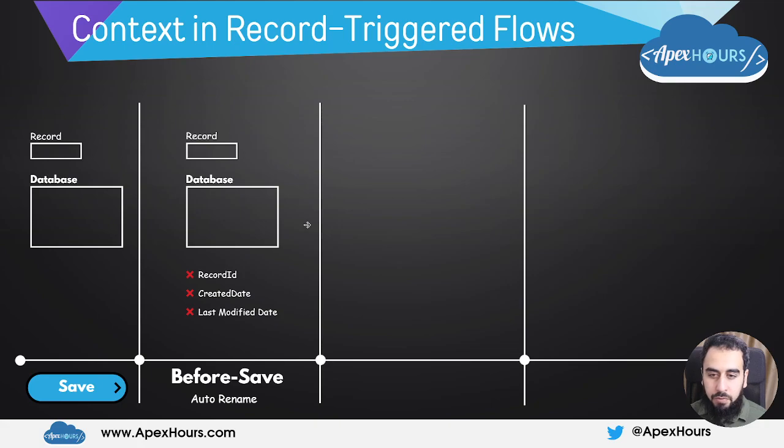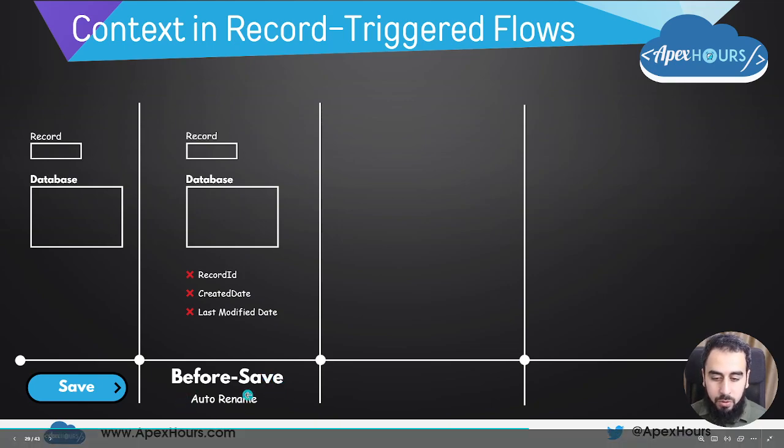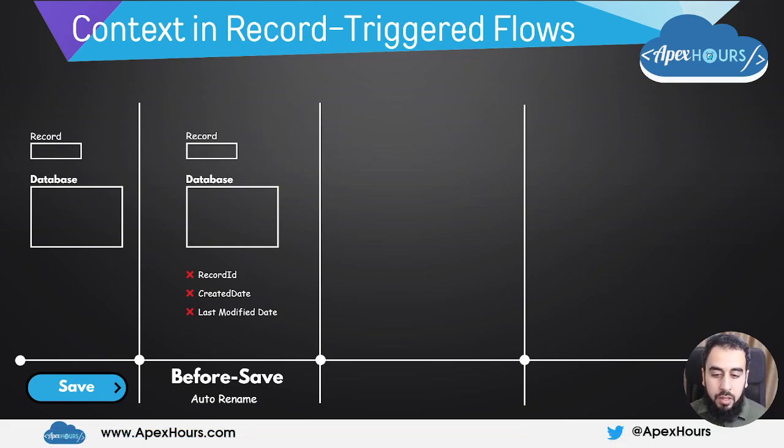is, after you click save, the before save flow is going to run. Let's say that we have an automation called auto rename that's running in fast field updates. This flow is going to run at this point. At this point, the record has not been sent to the database yet. Before save or fast field flows is like if you were to type one additional field like the description field, but you don't want to do it and you want the system to do it for you.